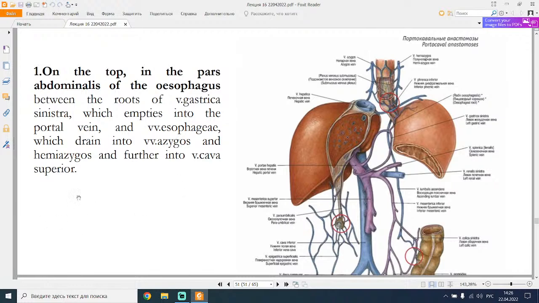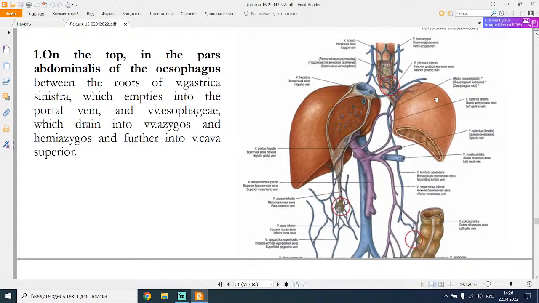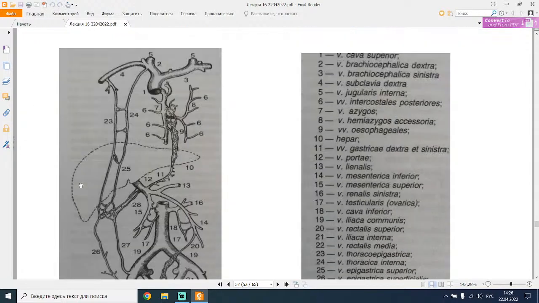This anastomosis is located on the top. What you see, this is the anastomosis. Vena gastrica sinistra.